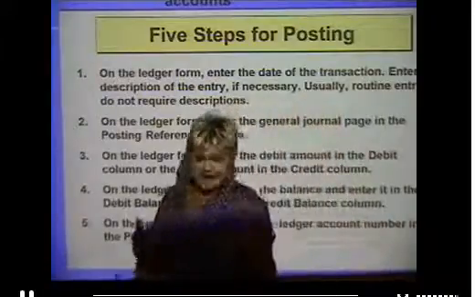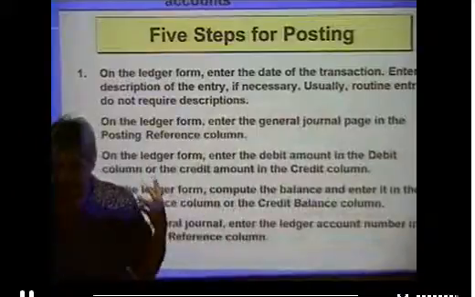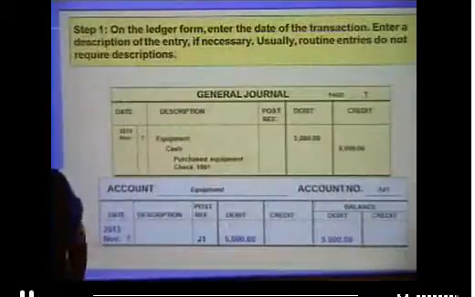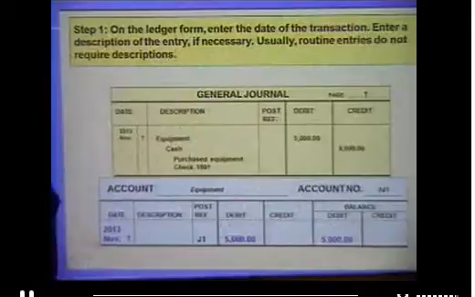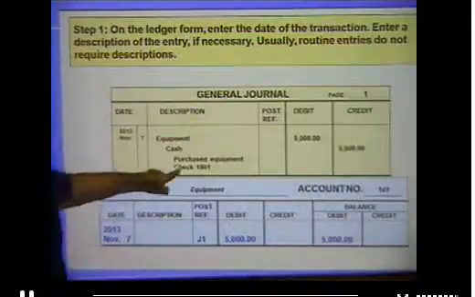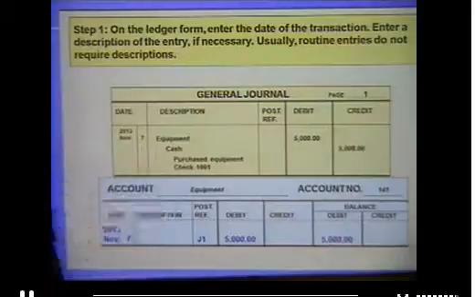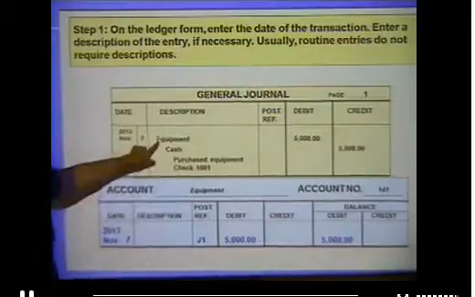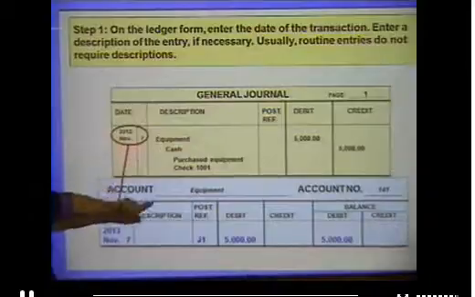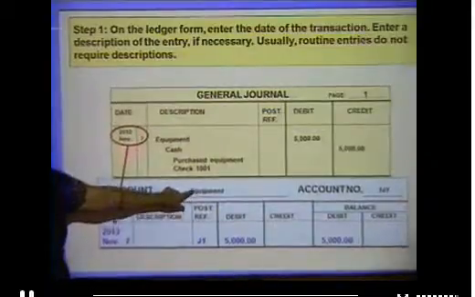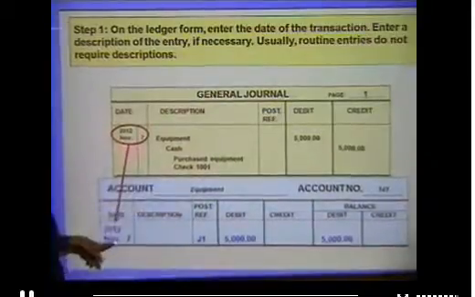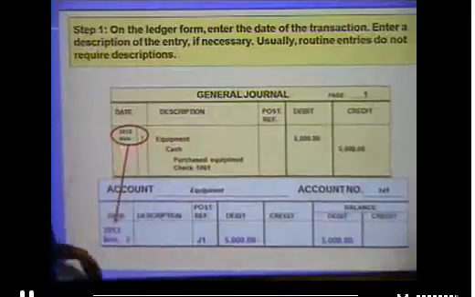Okay. So, let's look at it. Here's our entry. General journal, page 1, we've got an entry. We bought some equipment for cash. We wrote a check. So we go first to the first part of the entry, which is the debit. Go to our equipment ledger sheet. Put the date in. Where did we get the information?